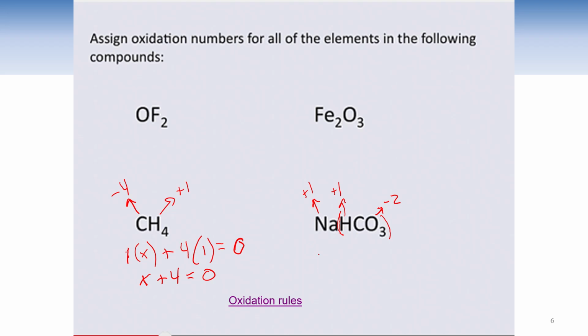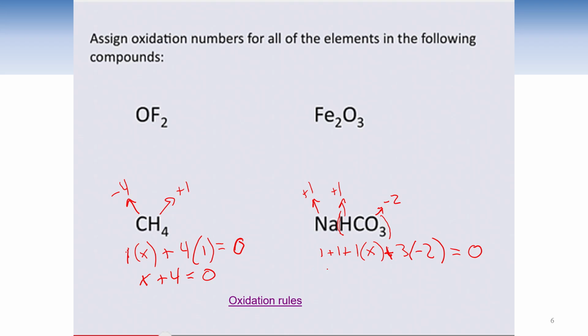So now we have 1 sodium plus 1 hydrogen plus 1 carbon plus 3 oxygen, which oxygen has already been determined to be -2, equals 0.